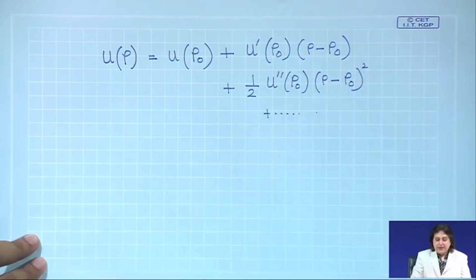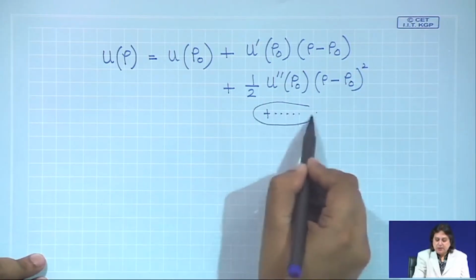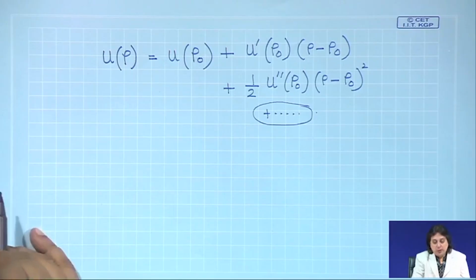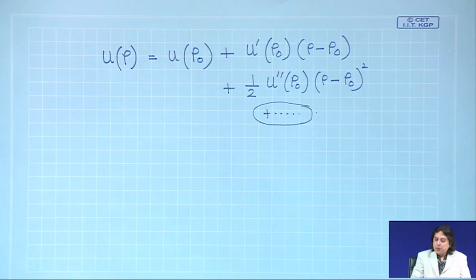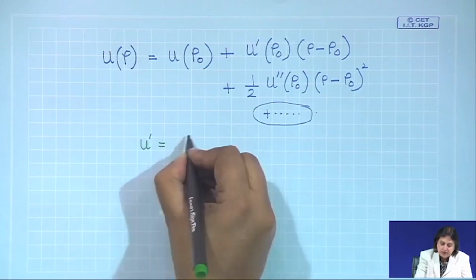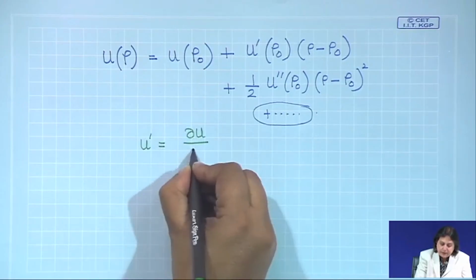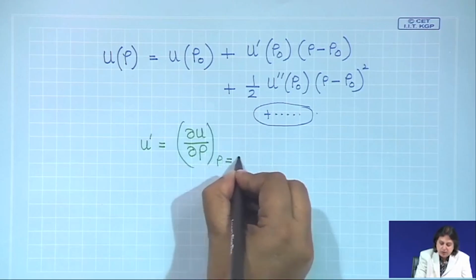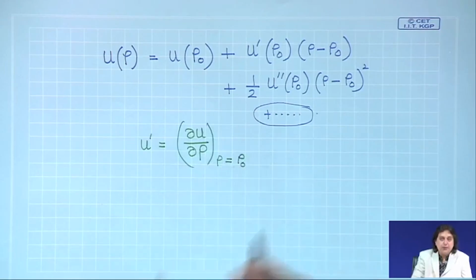I can very easily neglect these higher order terms in rho minus rho naught if the displacement from the equilibrium bond length is small. I can also have some more simplification, because here what is u prime? U prime is equal to del u del rho evaluated at rho equal to rho naught, that is the equilibrium bond length.